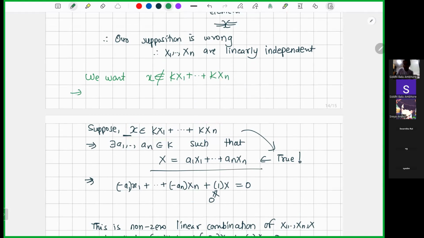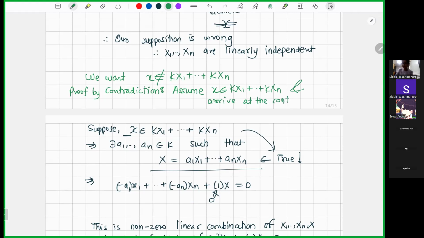So what we did is called proof by contradiction. There we assume something opposite of what we want to prove, meaning the negation of what we want to prove. So we assume x belongs to this span of x1 to xn and arrive at the contradiction.